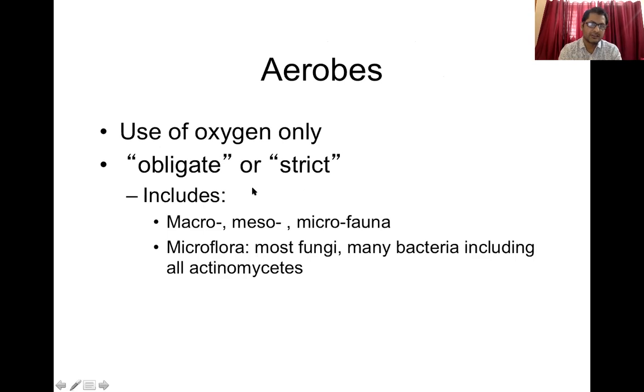Aerobes are obligate or strict. We know that all the organisms, including higher animals, macro, meso, and microfauna, are aerobes. And microflora, mostly fungi and many bacteria, including all actinomycetes, are aerobic.